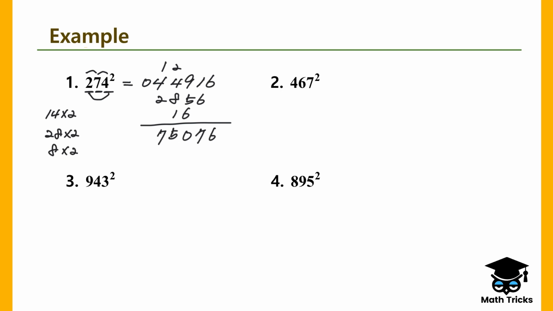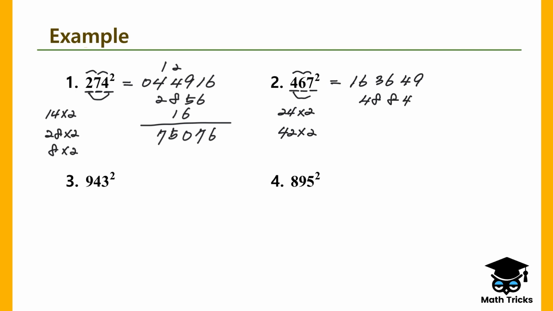Number 2, we have 467 squared. So that is equal to 4 squared 16, 6 squared 36, 7 squared 49, 4 times 6, that's 24. 24 times 2, that's 48. 6 times 7, that's 42. 42 times 2, 84.